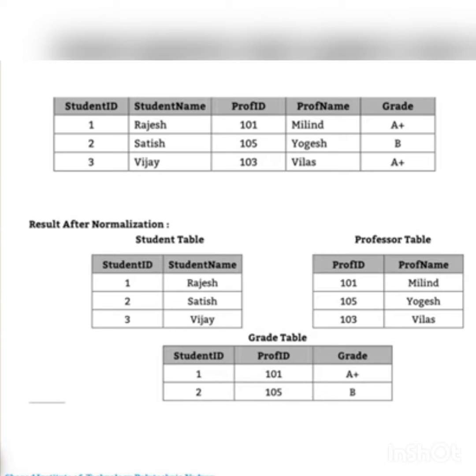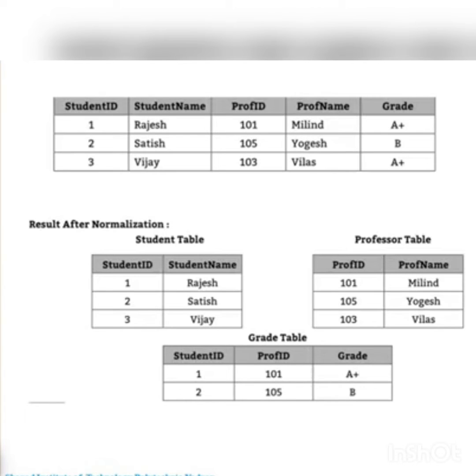Now the attributes student ID and professor ID are identification keys. The following functional dependencies exist in the table: the attribute professor name is functionally dependent on attribute professor ID.